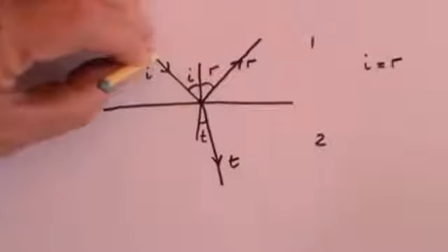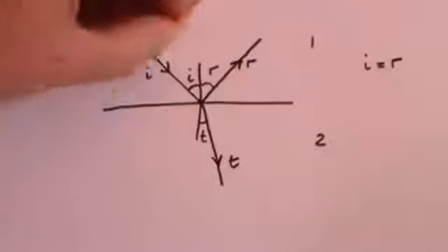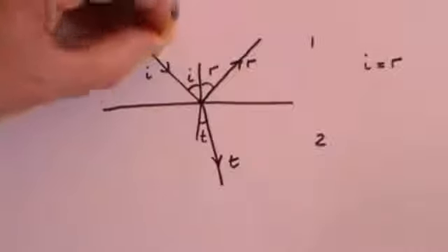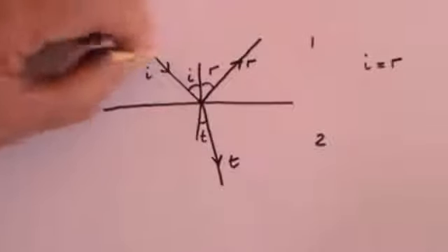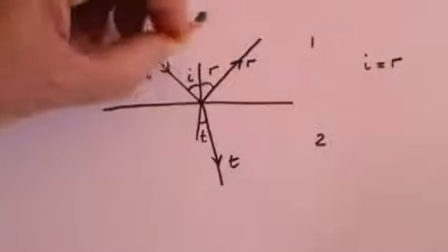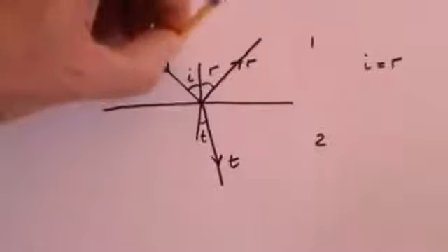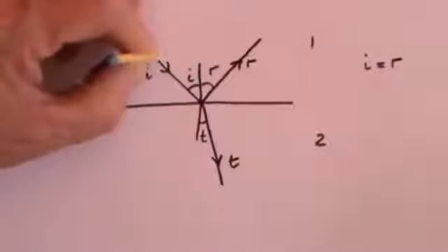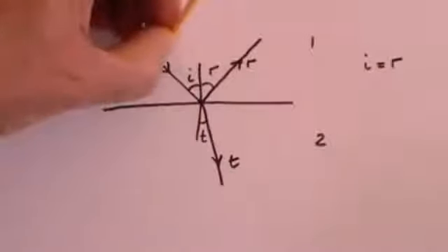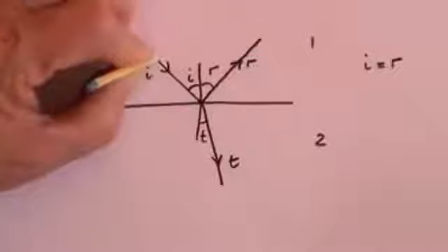And that, of course, is also true for the reflected and the transmitted or refracted beams. It must be somewhere there. We don't know where it is, and indeed, if this is unpolarized light, then the E vectors will be in all directions. But whatever directions they are, we can resolve them into two component parts.